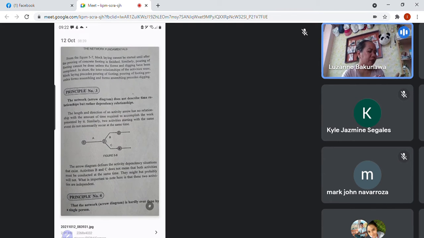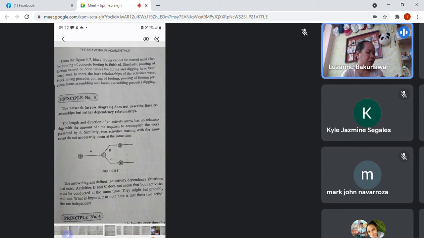So, network principle 3. The network arrow diagram does not describe the time relationship but rather the dependency relationships.